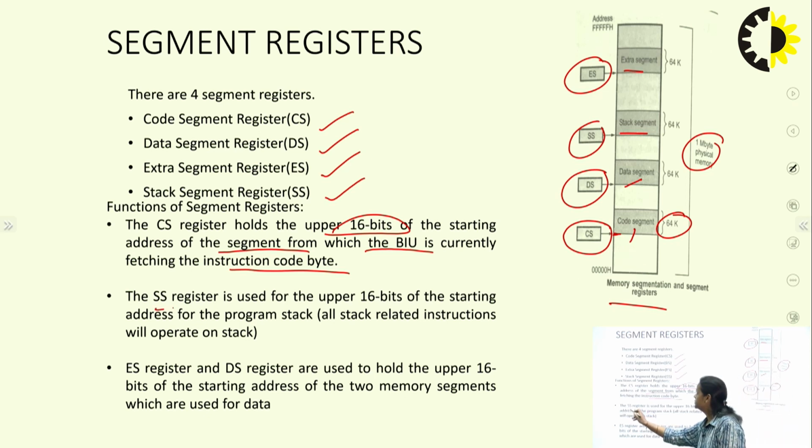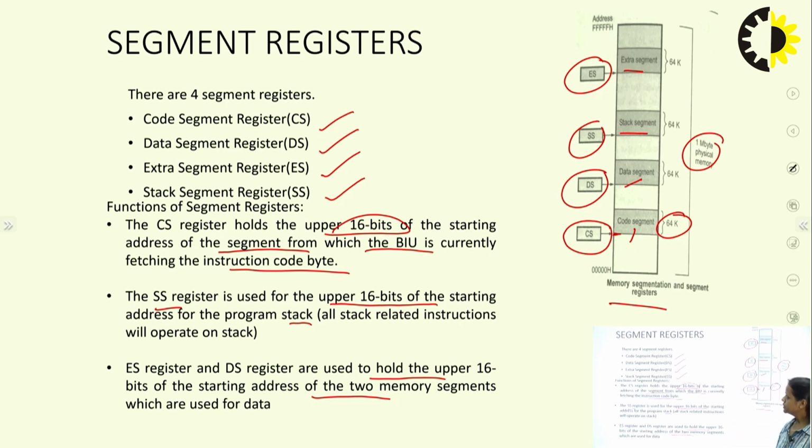Then the stack segment register is used for the upper 16 bits of the starting address of the program stack. Then we have the extra segment and data segment registers. They are used to hold the upper 16 bits of the starting addresses of the 2 memory segments which are used for data.